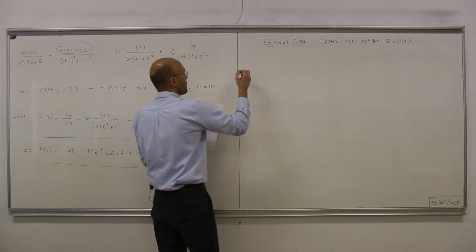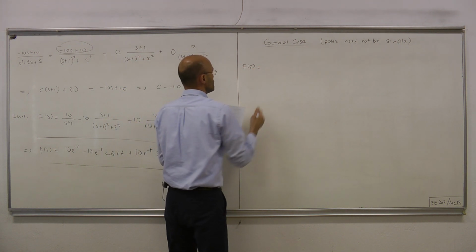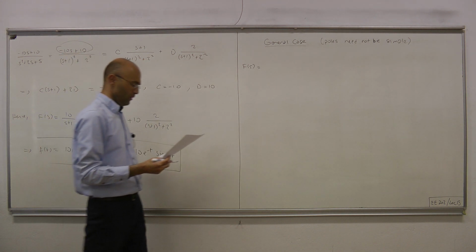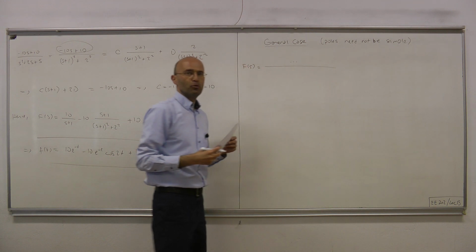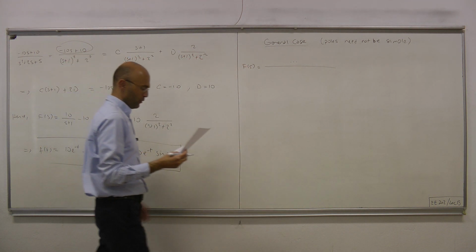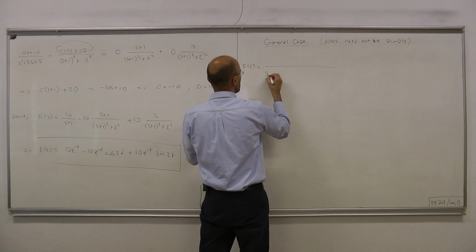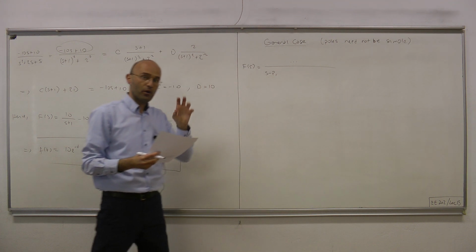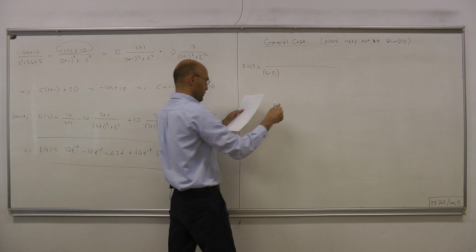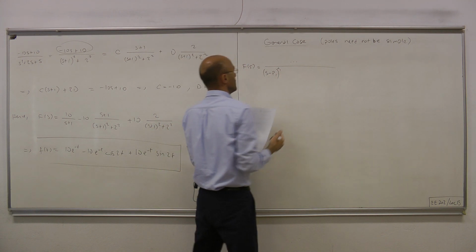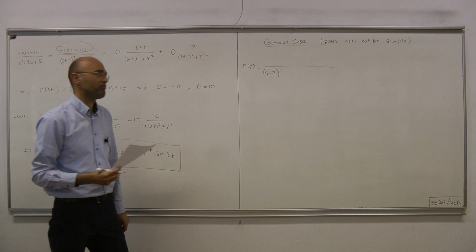Okay. So such a general f would look like some numerator, okay? We don't have to worry about what the numerator is because we're interested in where the poles are. So we have, let's say, a pole at P1 repeated N1 many times.